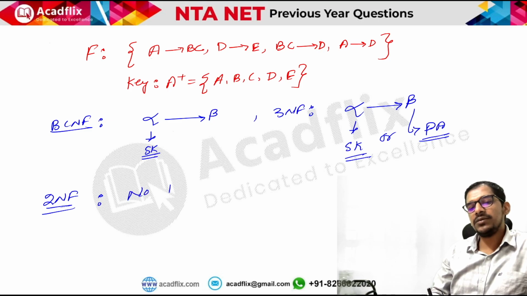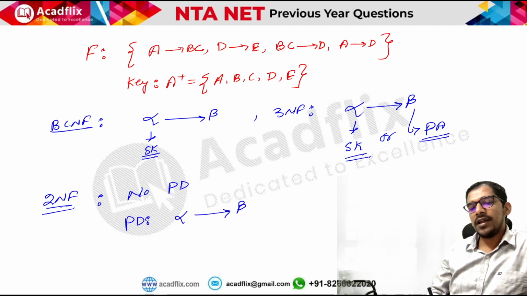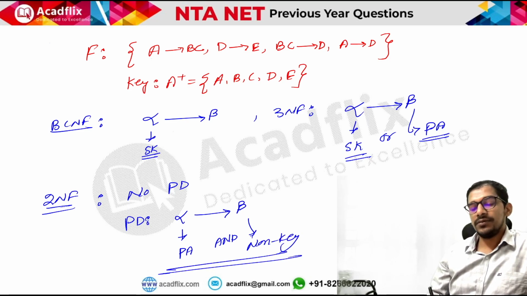What is the meaning of partial dependency? If we have a functional dependency alpha tends to beta, where alpha is a prime attribute and beta is a non-key attribute, this kind of functional dependency is called a partial dependency.